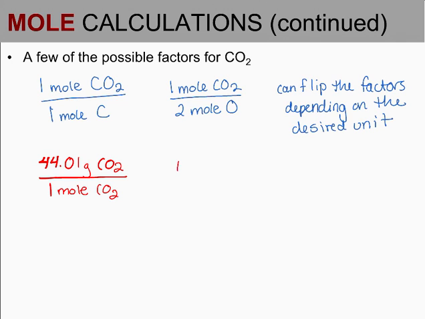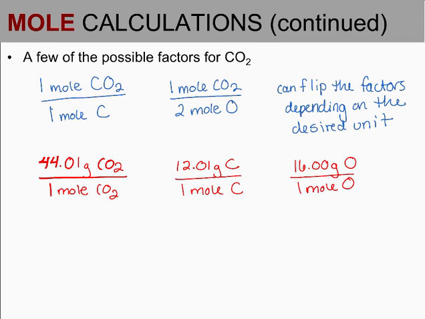There's also 12.01 grams of carbon for every 1 mole of carbon. And then 16 grams of oxygen for every 1 mole of oxygen. So again, these are all molar masses, and we can use these to convert between grams and moles.